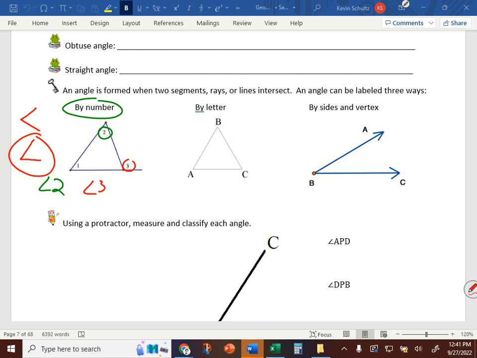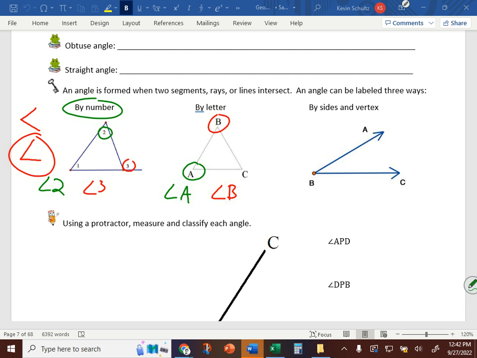You can also label an angle by letter. So if I refer to angle A would be right here. Or if I ask you for angle B would be that angle there. And you can also label it by sides and vertex.